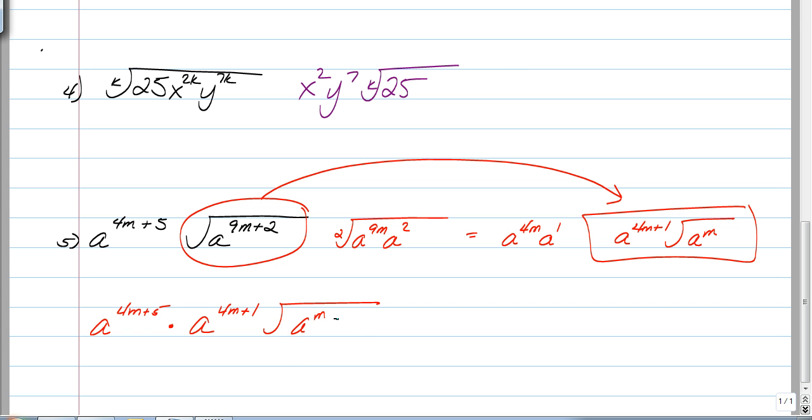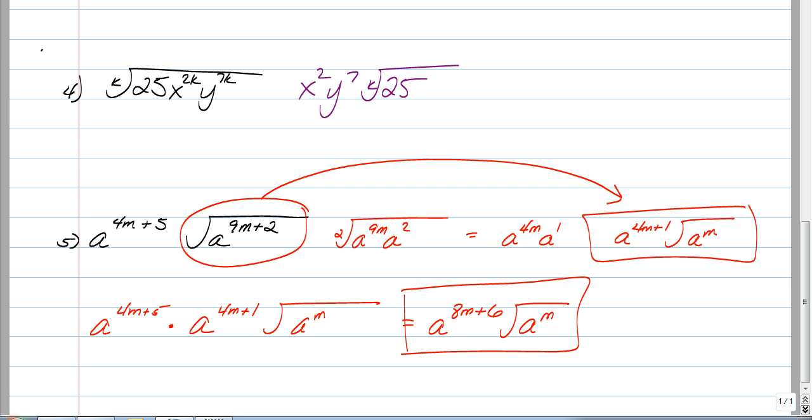Now remember, when you're multiplying, you can just add the exponents. So your final answer is a to the 8m plus 6 root a to the m. And that's it. That one's a little bit trickier. All you really needed to do was simplify the radical and then multiply it to what's already outside.